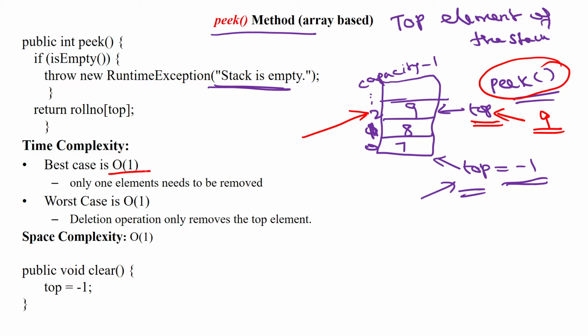So time complexity is order of 1, since we are accessing only one element. The peek operation accesses only the top element. Space complexity is also order of 1, as we need only one space to store. This is just accessing.